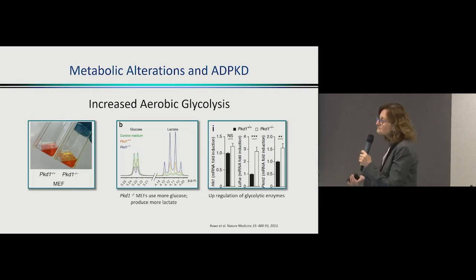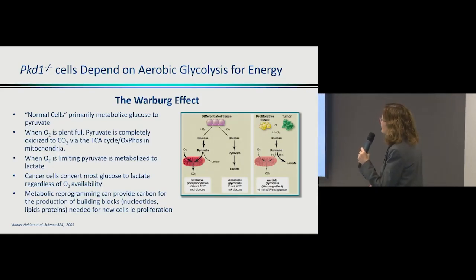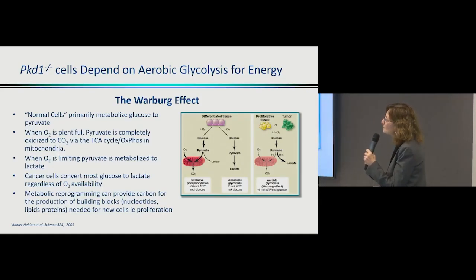So this was a simple observation, but it's led to a whole array of downstream studies, and I'm just going to touch on the surface of this. Basically, what this gets to is that PKD1 mutant cells are depending on aerobic glycolysis for energy. This is getting back to some basic biology.